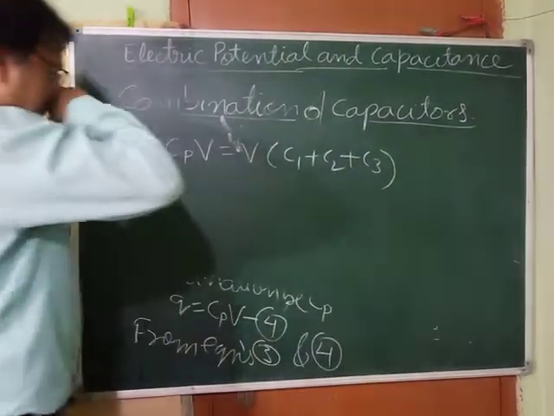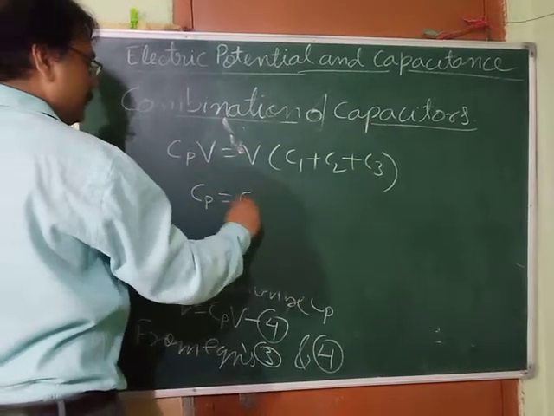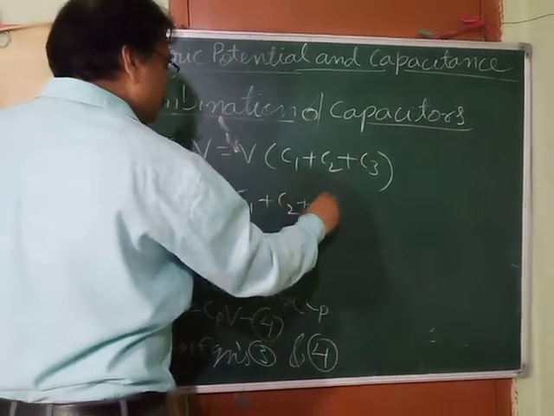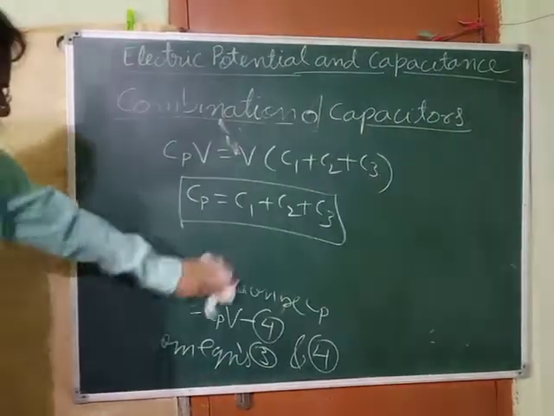V we can cancel out. We get Cp equals C1 plus C2 plus C3. That's what we get. What does this indicate?